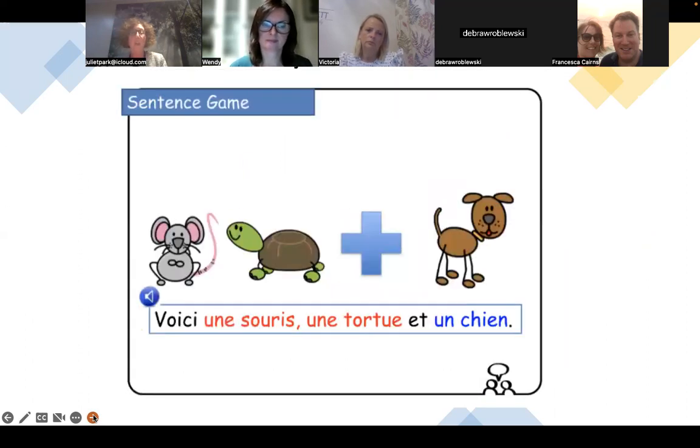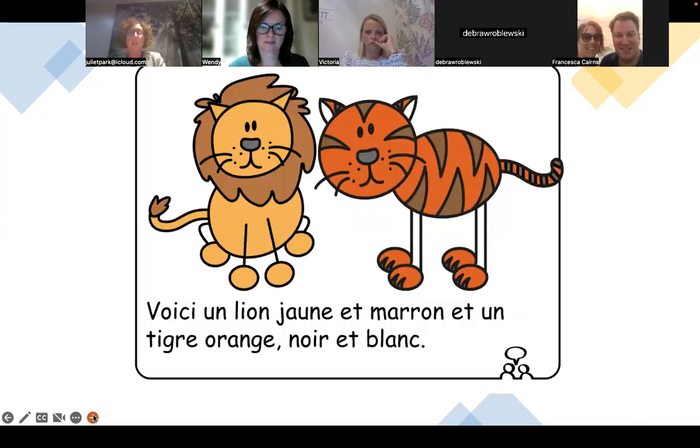And then we move quite briskly onto adding more than one noun and linking it with the conjunction and. Then we bring in more and more, and we're bringing in now 2 colours as opposed to 1. So you can see we've gone very quickly from a very short phrase to a longer sentence.